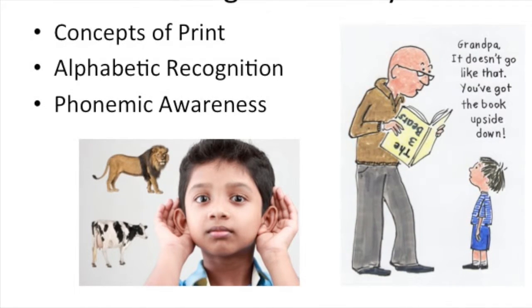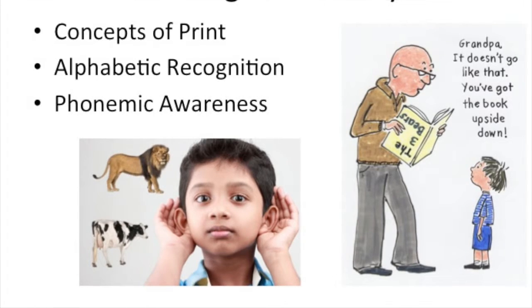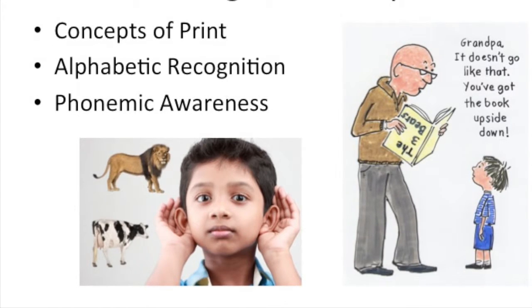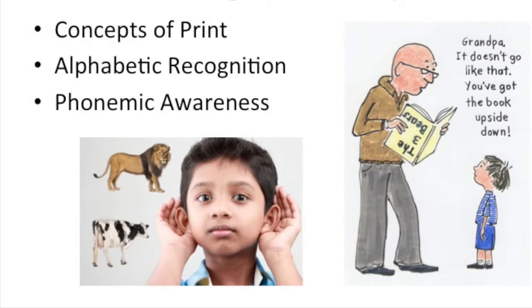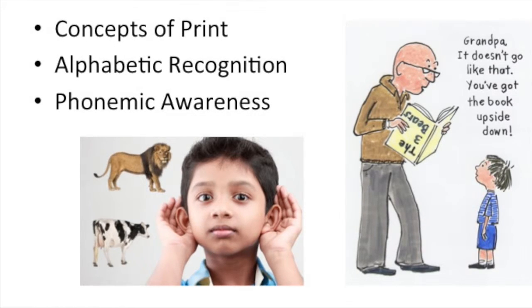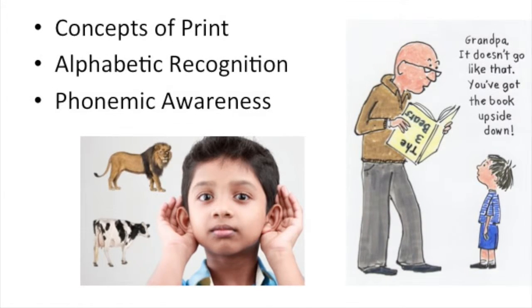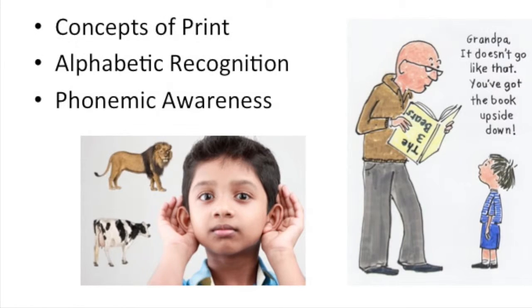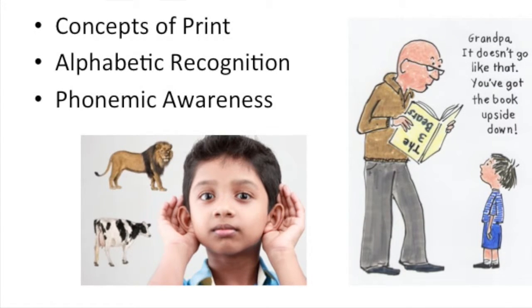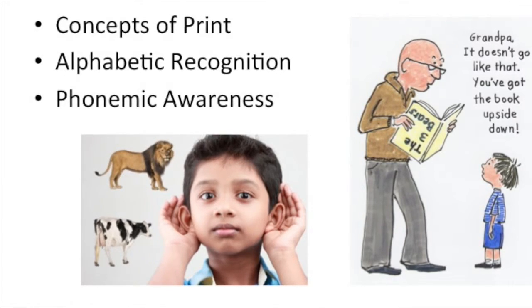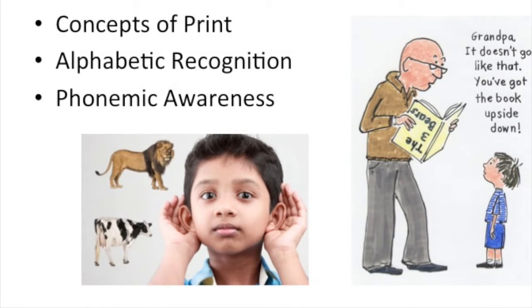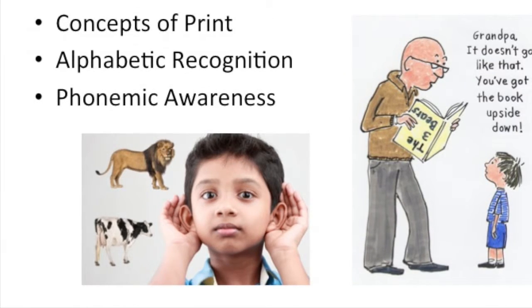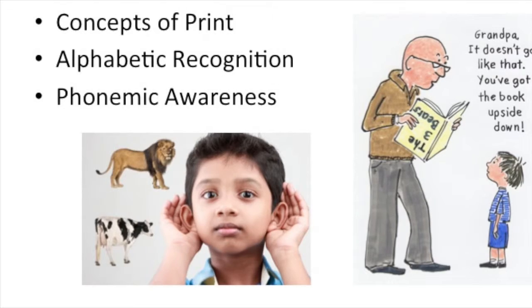We also can then move into assessing whether or not students understand or are able to differentiate phonemic sounds. Can they tell which sounds sound the same or which ones sound different? That whole idea of phonemic awareness is critical for student success as they become readers.